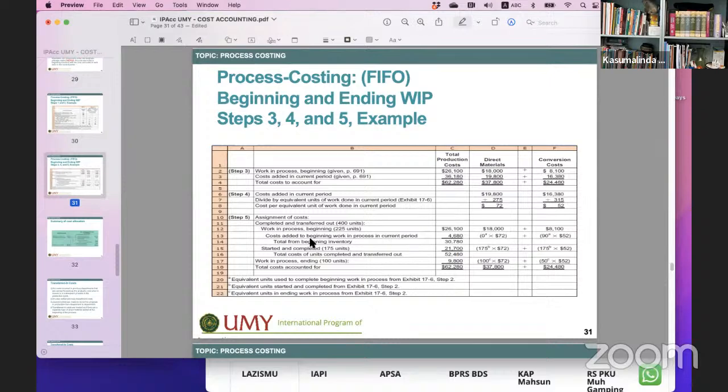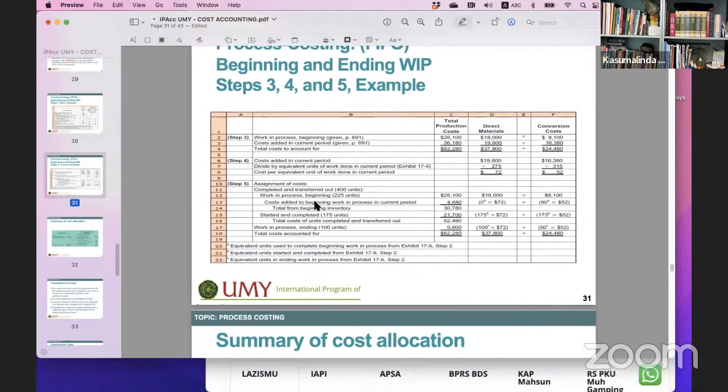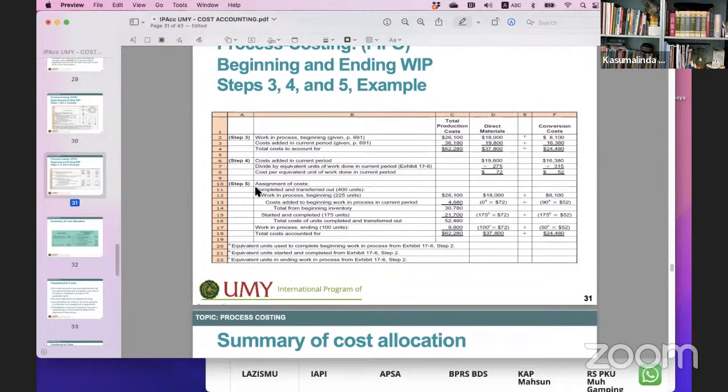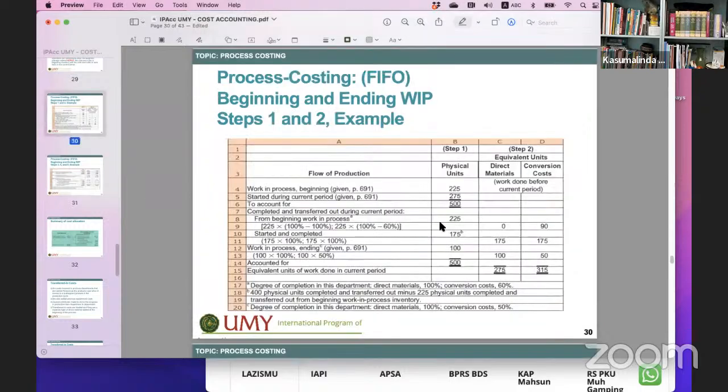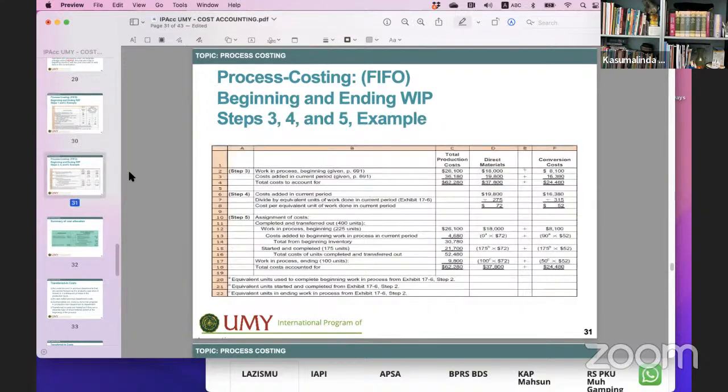When we want to assign cost, the next step is to assign cost to the two groups, completed units and work in process. So we need to refer back to the table of units that we analyzed before, this unit here, so that it is easy for us to assign cost.